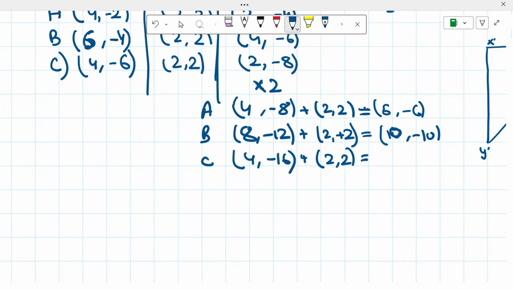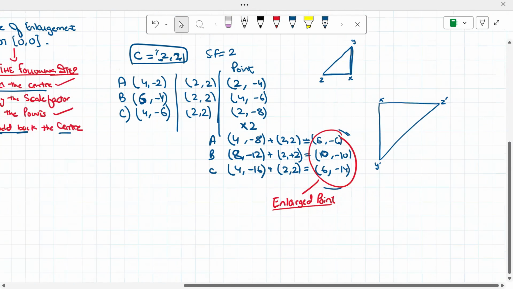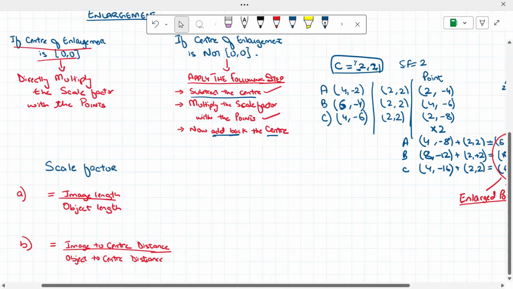Now 4 plus 2 is again 6, and minus 16 plus 2 is minus 14. So these are our enlarged points, and we're going to draw them on the graph. Okay, this is the basic concept of the enlargement.